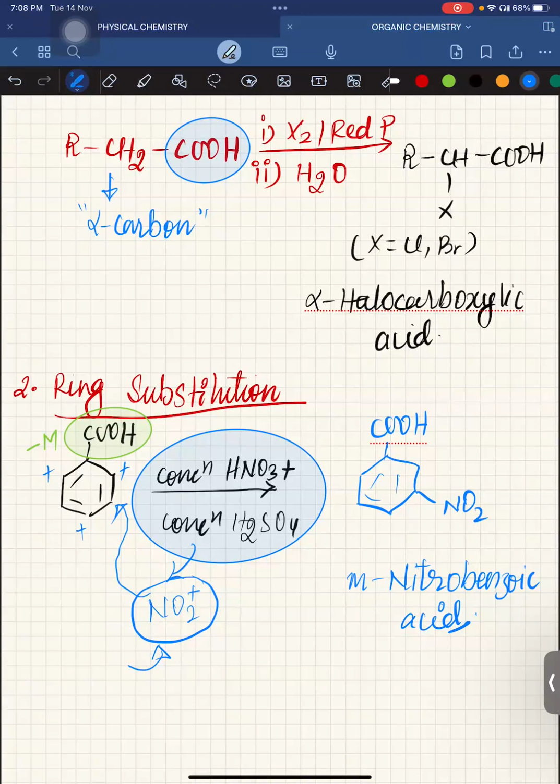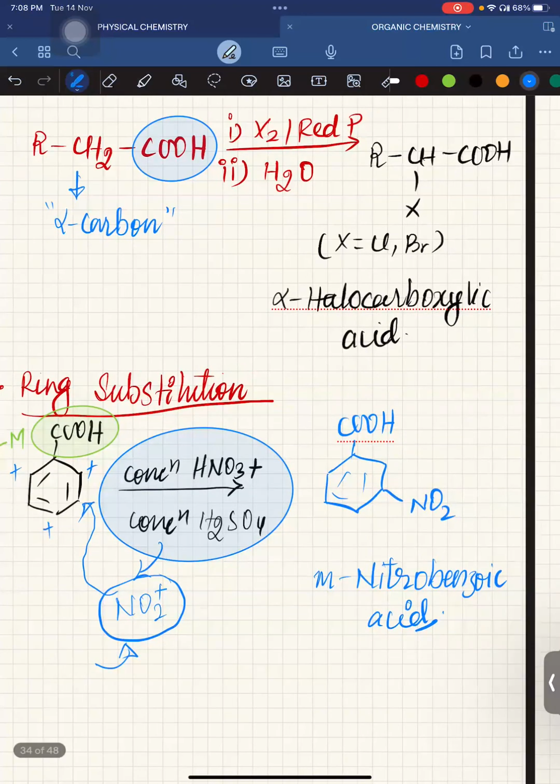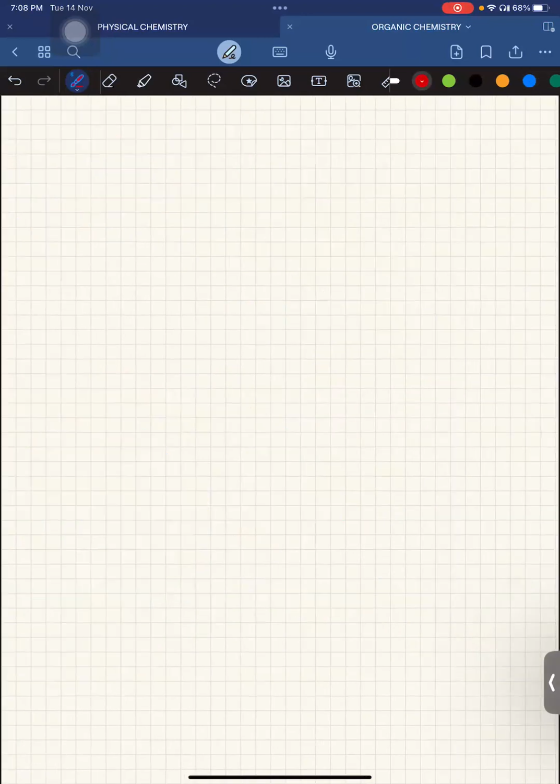Okay, very good. So the chapter is completed here. You will get an assignment as well, but I'm going to give you some questions from NCERT.